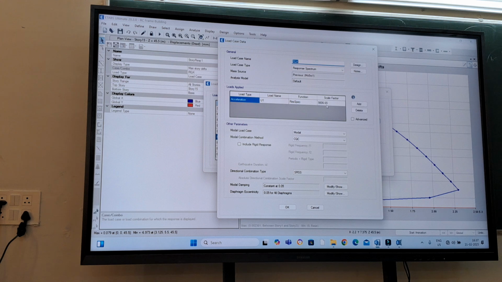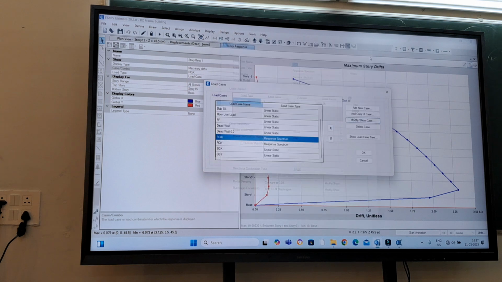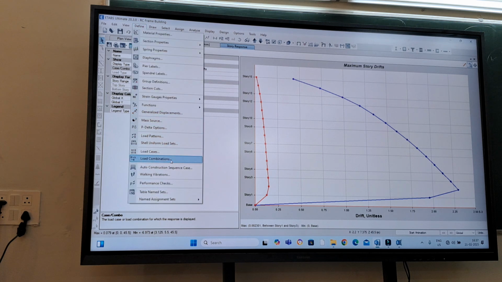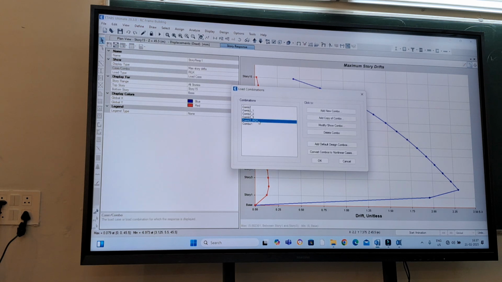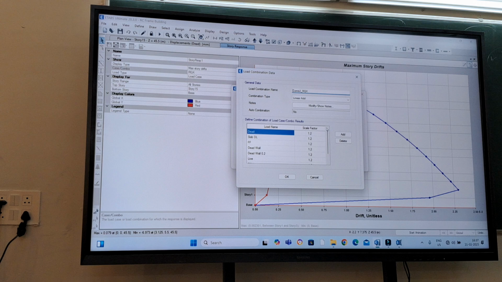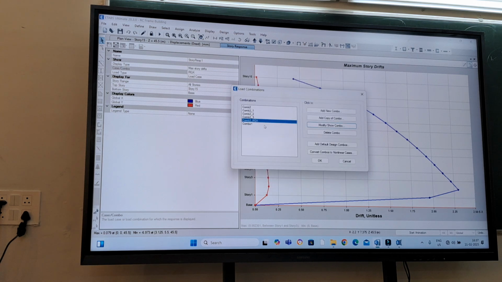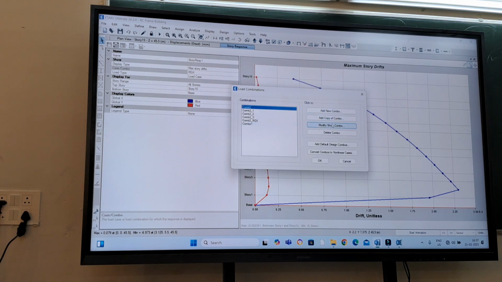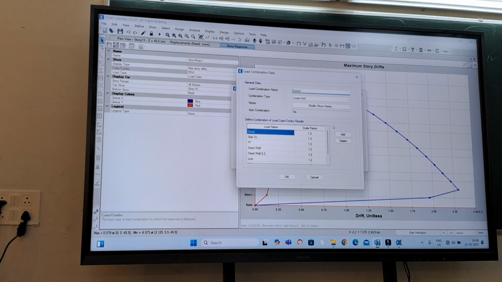Last time we did that load case without any factor. Okay, the load case I created separately. Let me check. I don't know, it's not there.